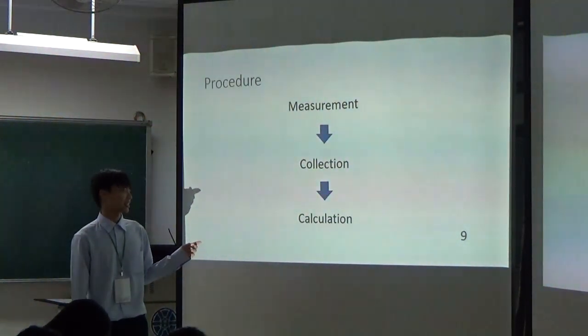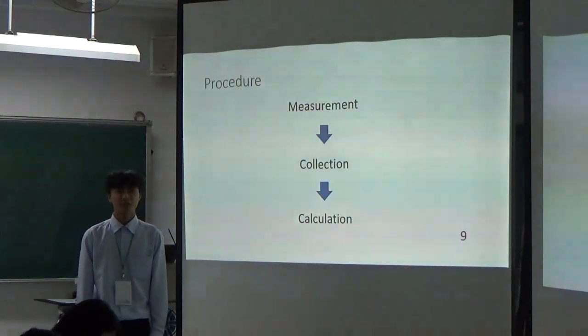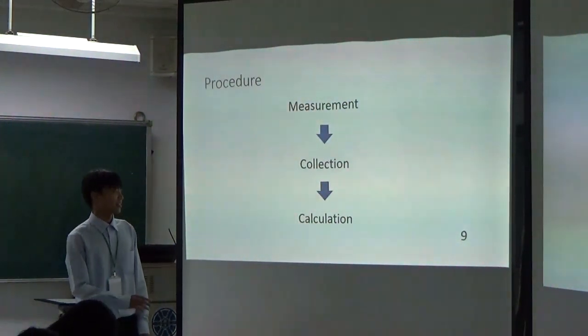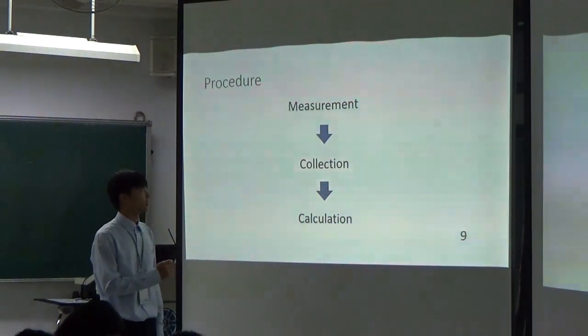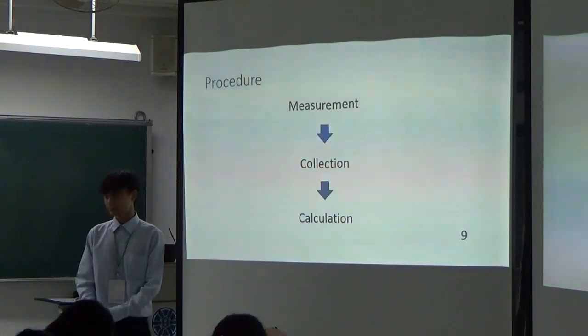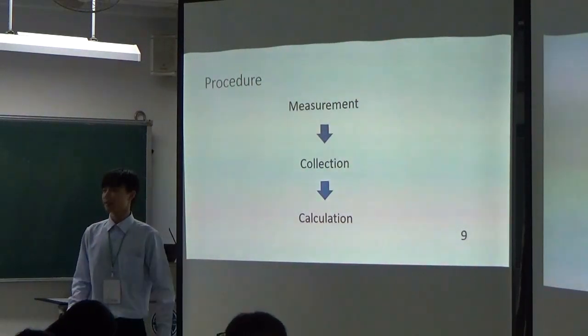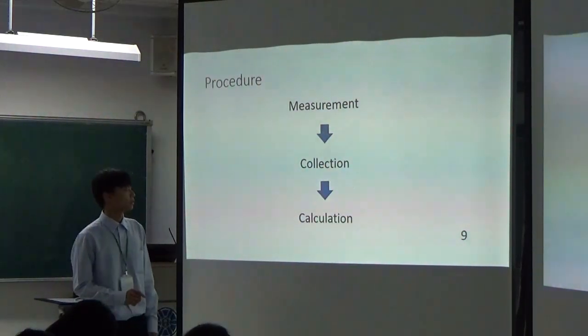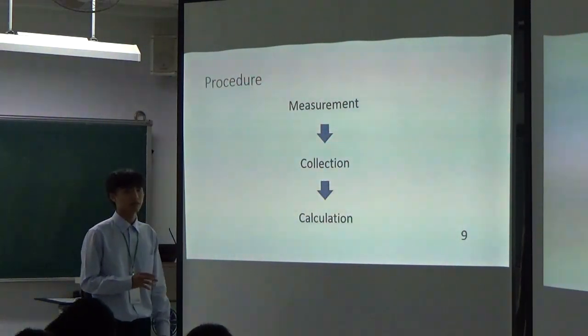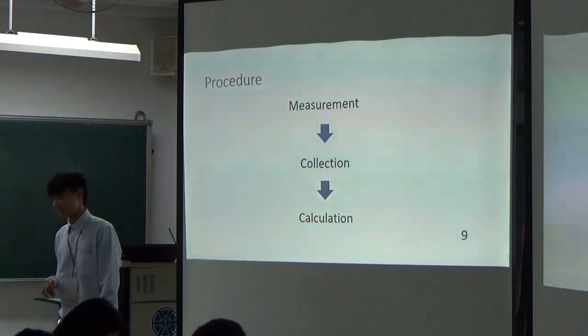The procedure of our experiment can be divided into three parts: measurement, collection, and calculation. The measurement is about how long something is, or whether they are at a right angle. Collection is about getting the pressure under the paper. And we calculate the results finally with our formulas.